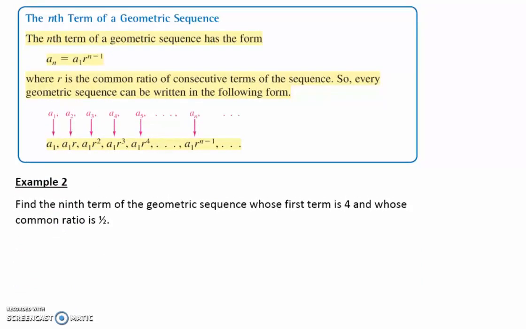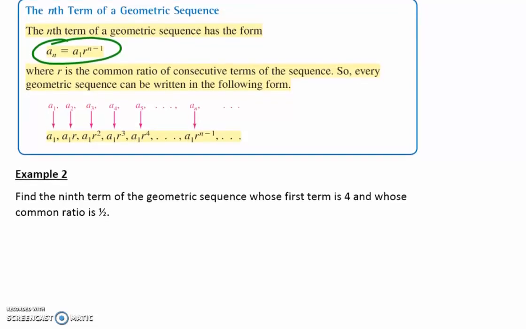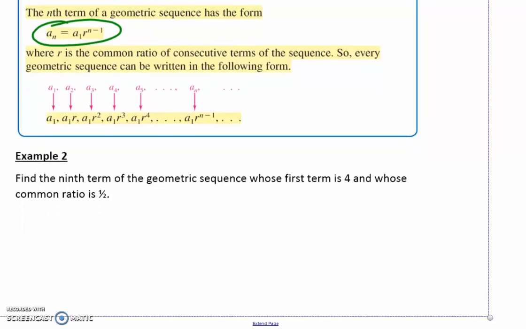Okay, so let's take a look at the formula for the nth term of a geometric sequence. We have a sub n equals a sub 1 times r to the n minus 1. We can use that to get each consecutive term, by multiplying by r.